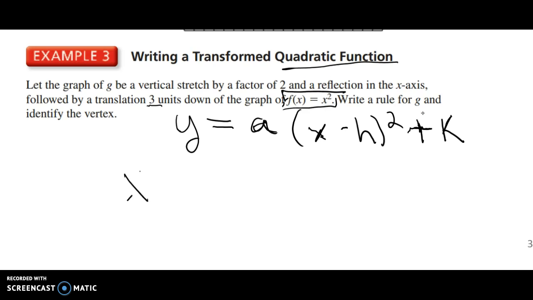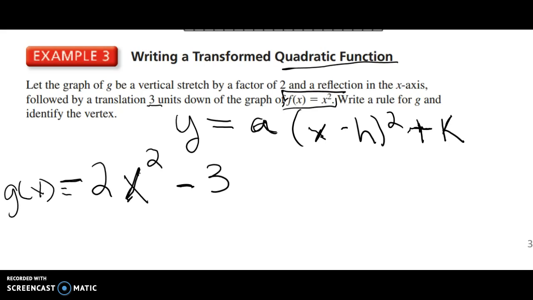So let's first do a stretch of 2. That means the 2 will be multiplied outside the function. I don't need to put parentheses here. Then we want to reflect in the x, again, negative outside the function, followed by 3 units down. So that means I'm going to minus 3 to the end. And I've written my equation.